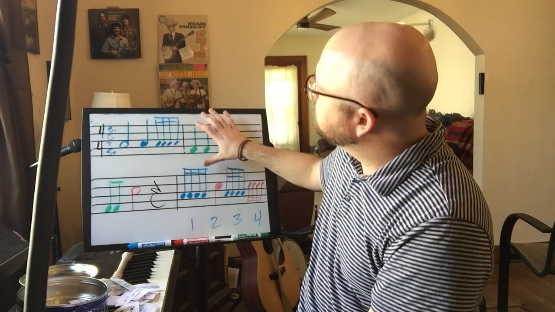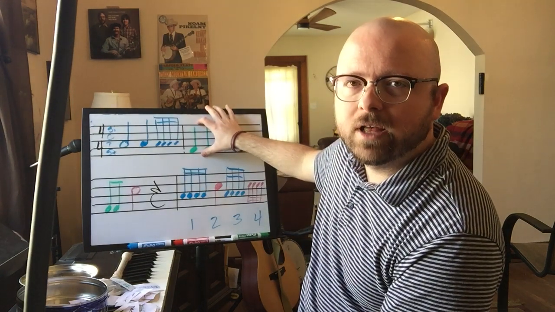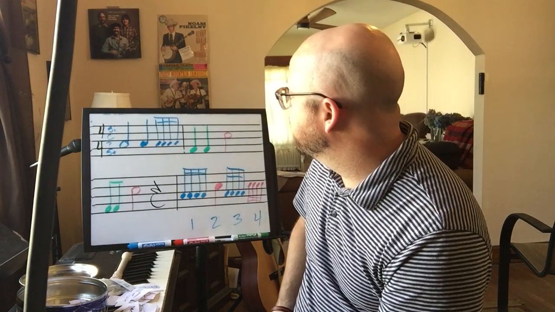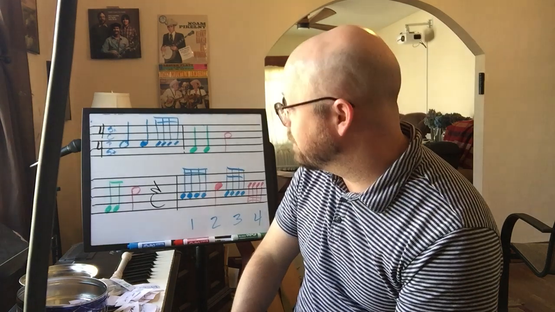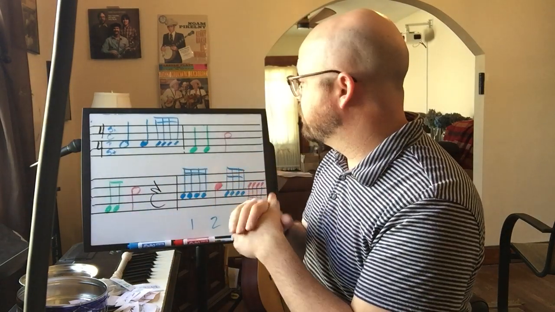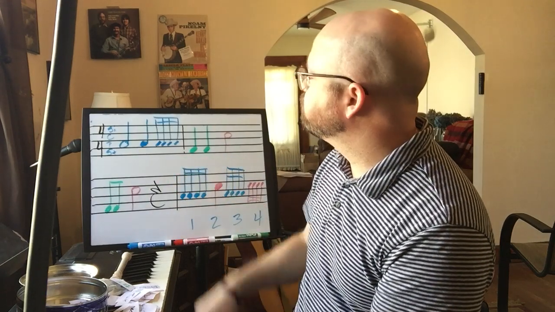It would help probably to have those 5 lines. If you have a printer, you can look up blank staff paper. Also, there are free music writing programs out there, like Note Cloud. You can't write a whole lot, but you can do a few measures.